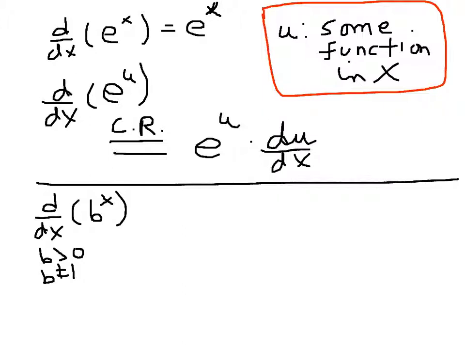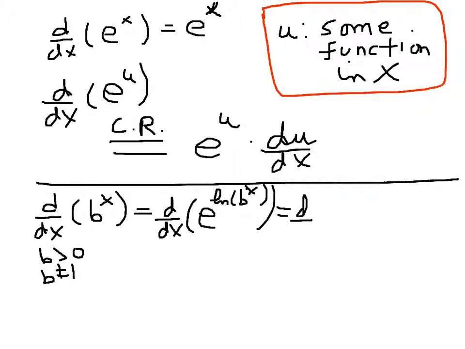So again, we use properties of exponential functions, and we rewrite this as the derivative with respect to x of e raised to the ln of b to the x, which is the same as the derivative with respect to x of e to the x times the ln of b.